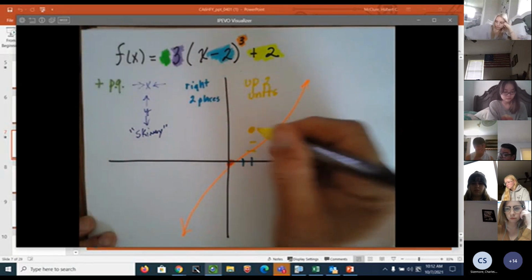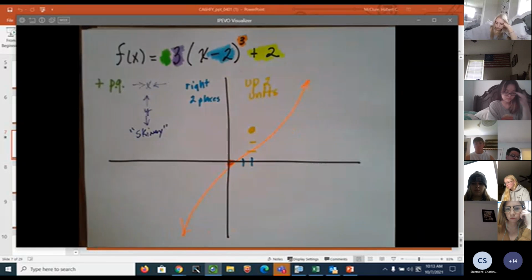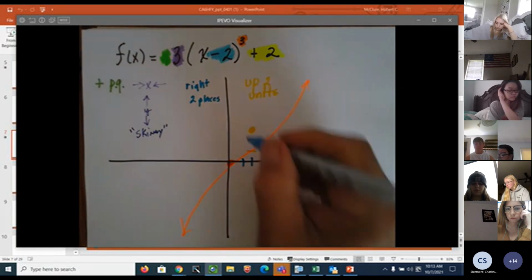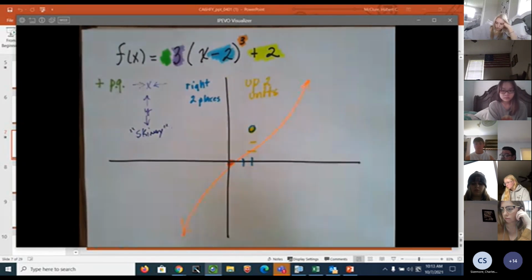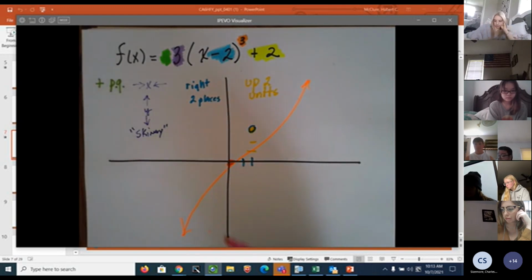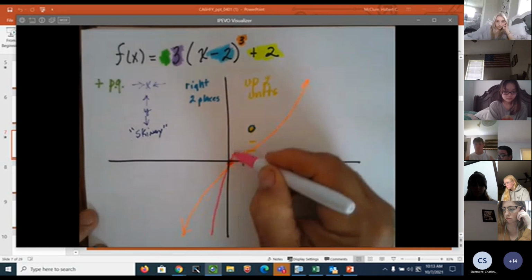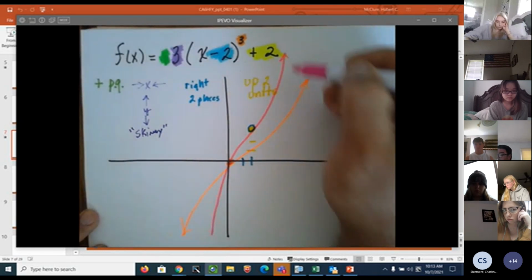So there's my new origin, and I'm just going to circle it in blue. That's my vertical and horizontal shift. And my new one looks something like that.